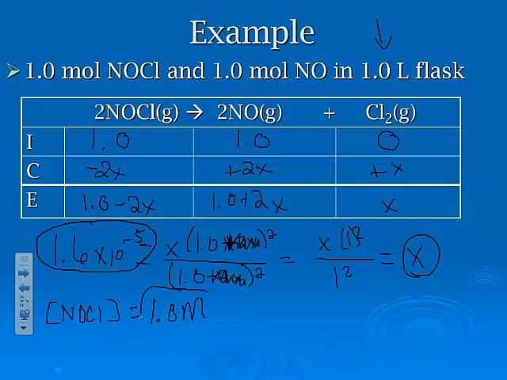Same thing is going to hold true for the nitrogen monoxide. 1.0 plus 2 times 1.6 times 10 to the negative fifth isn't going to have any effect. So my concentration here is going to be 1.0 molar. And my concentration for chlorine is simply going to be equal to x. So my chlorine is going to be 1.6 times 10 to the negative fifth molar.